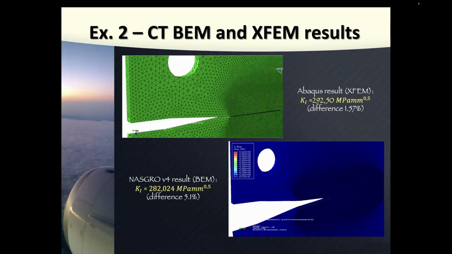And in NASGRO, its difference is 5% using boundary, which means that XFEM is more accurate. And I use NASGRO as a reference, but in fact, it looks like XFEM is better.